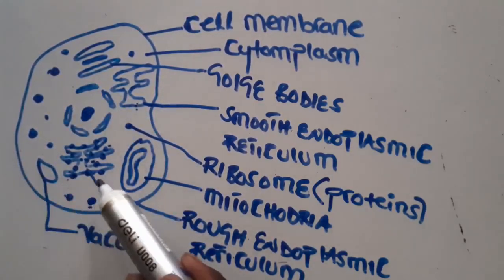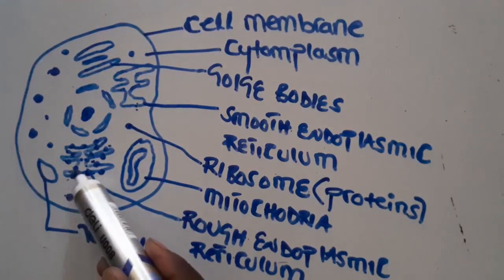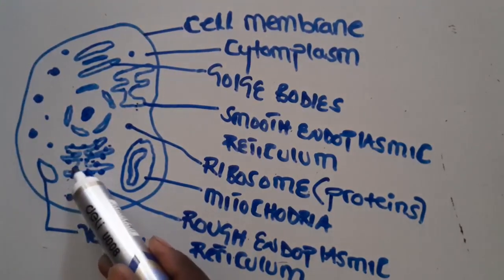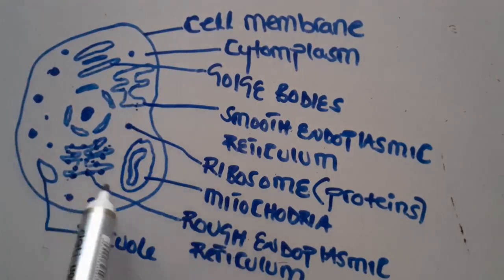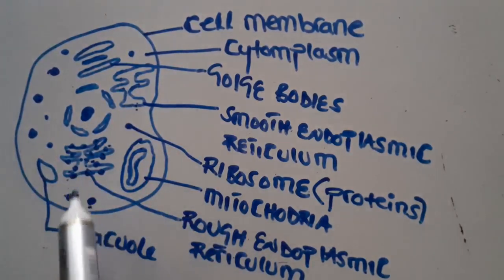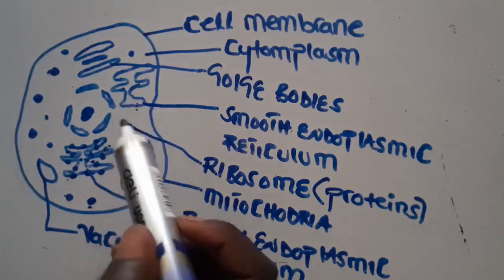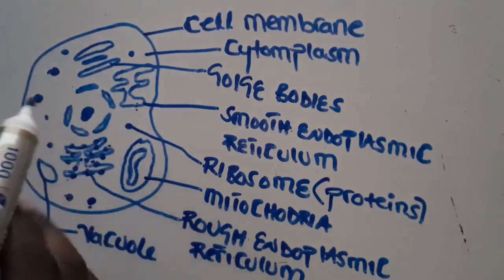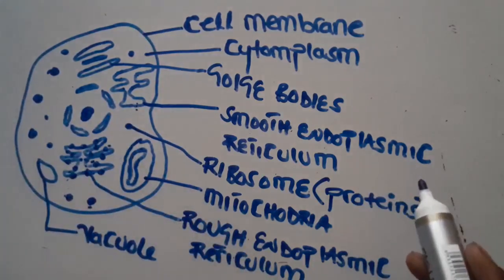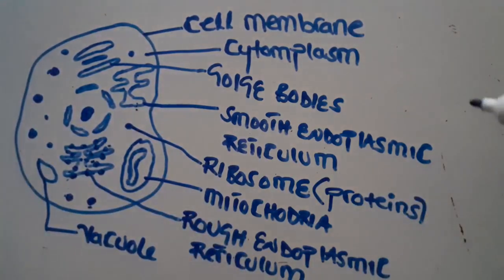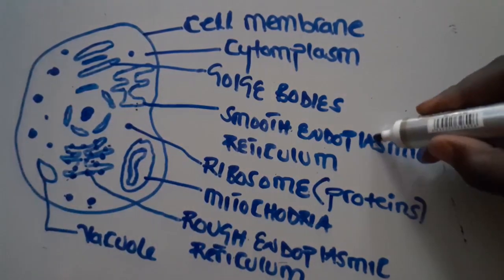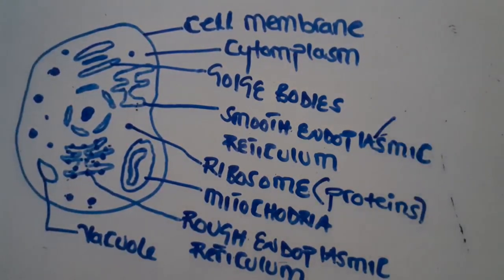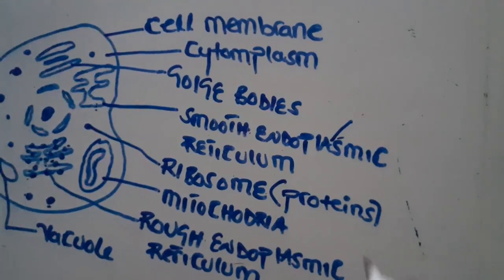So the sheer difference between the smooth endoplasmic reticulum and the rough endoplasmic reticulum is that the smooth endoplasmic reticulum has no ribosomes.